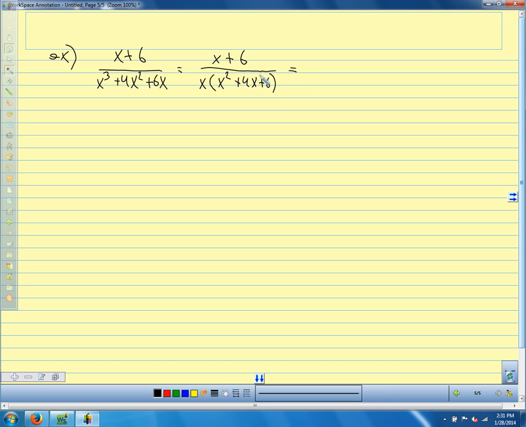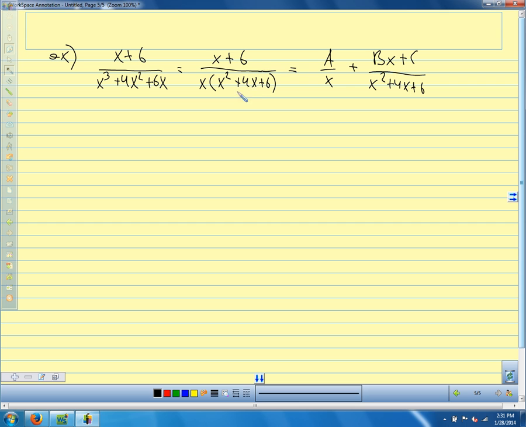So we're going to write our partial fractions. We need one partial fraction for the x, a over x, and then we need a bx plus c for the x squared plus 4x plus 6.